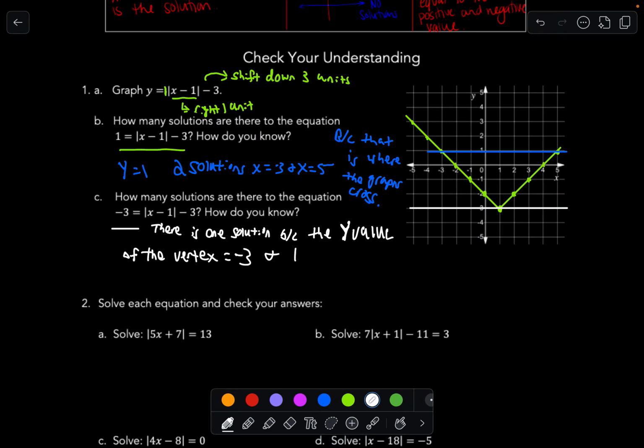And that is what the y value is set to when we solve. So that's basically how we solve graphically.